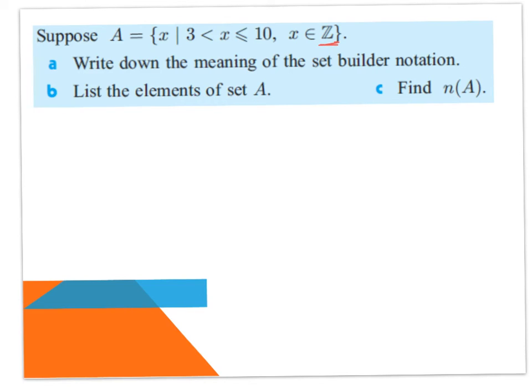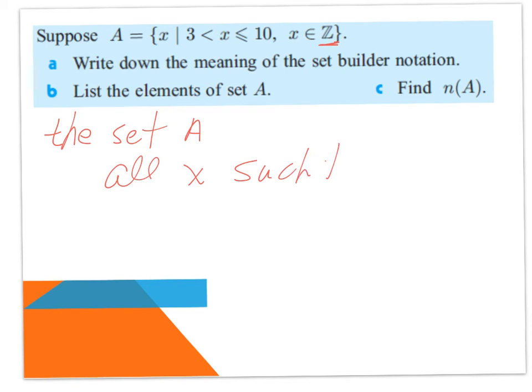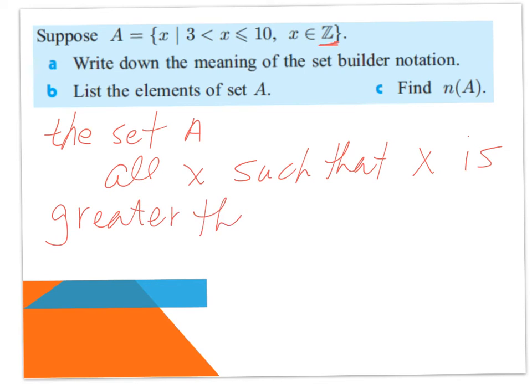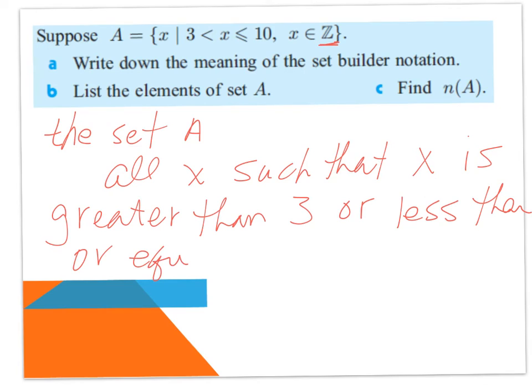So when we write it out in words, we would say the set A, and we're going to say that's all x such that x is greater than 3 and less than or equal to 10.